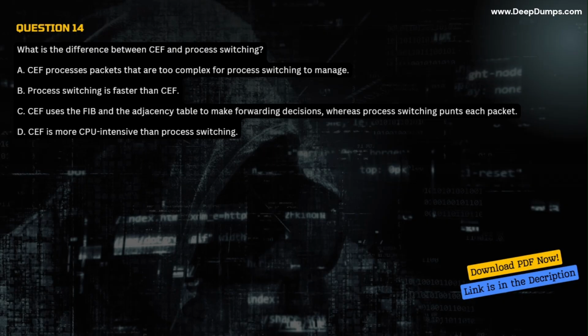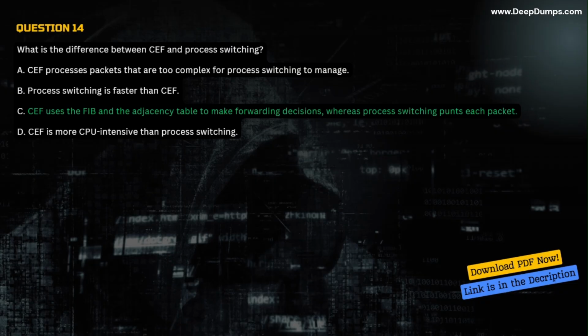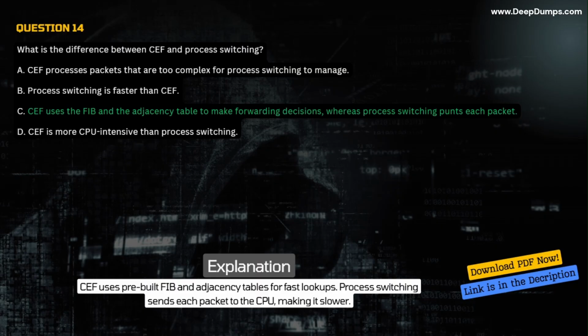D. CEF is more CPU intensive than process switching. Correct answer, C. CEF uses the FIB and the adjacency table to make forwarding decisions, whereas process switching punts each packet. Explanation. CEF uses pre-built FIB and adjacency tables for fast lookups. Process switching sends each packet to the CPU, making it slower.